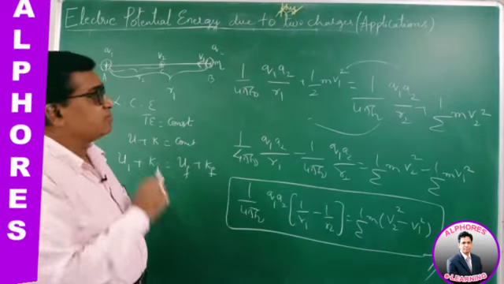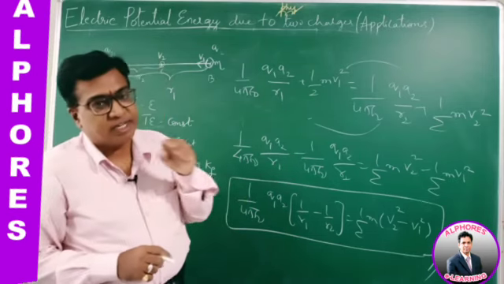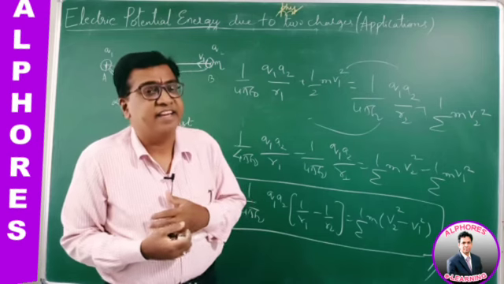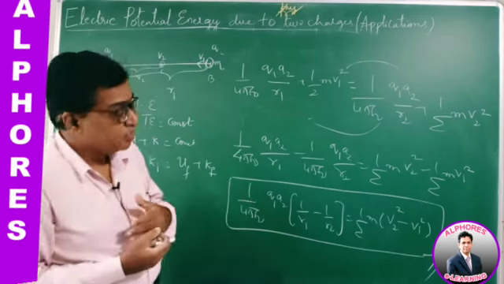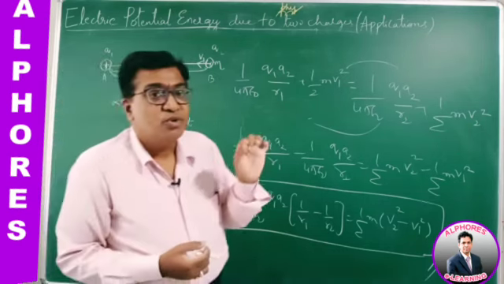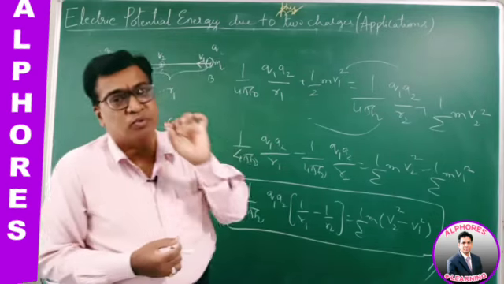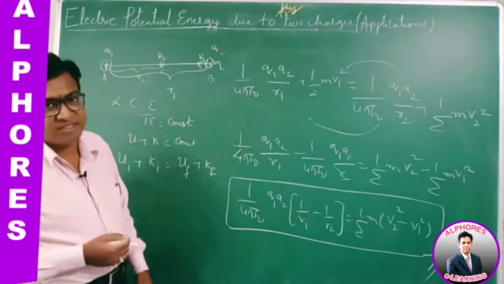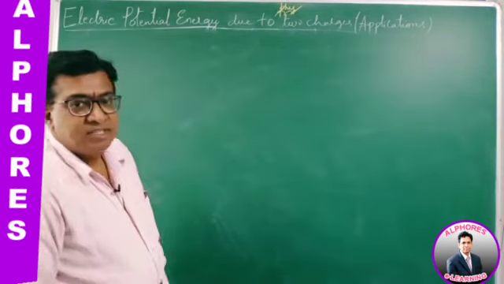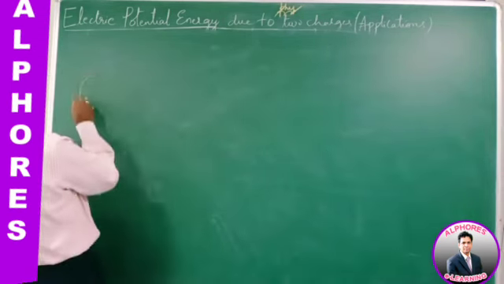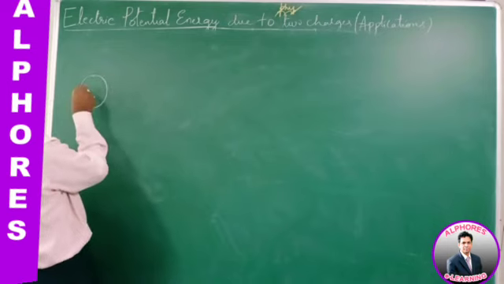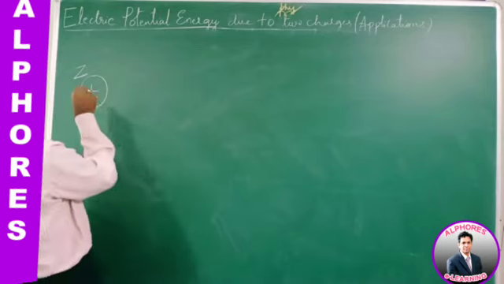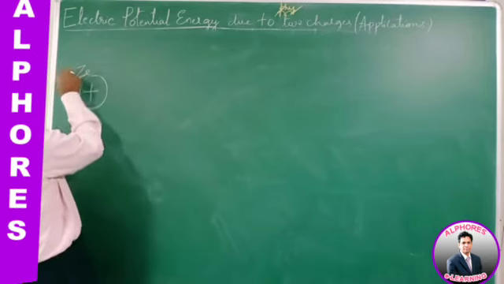Now based on this, there was a very good experiment conducted by Sir Rutherford, the alpha scattering experiment. Using this he found the closest distance of approach. You can find the closest distance of approach based on this concept. Suppose a gold foil, this is a nucleus of high atomic number, let us say Z. Then the positive charge of the nucleus is plus Ze.